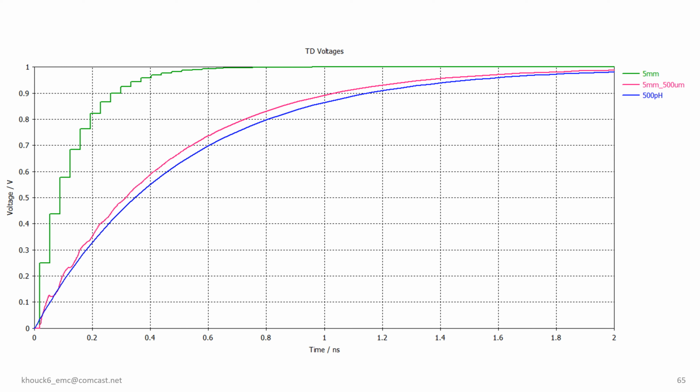Surprisingly, the blue line, representing the electrical simulation of a 500 picohenry inductor, exhibits similar characteristics to the trace with a short disruption. This observation suggests that blindly adhering to guidelines without considering the specific characteristics of the propagation path may not yield the desired outcomes in terms of signal integrity and performance optimization.